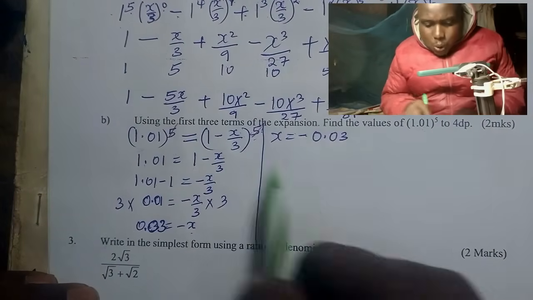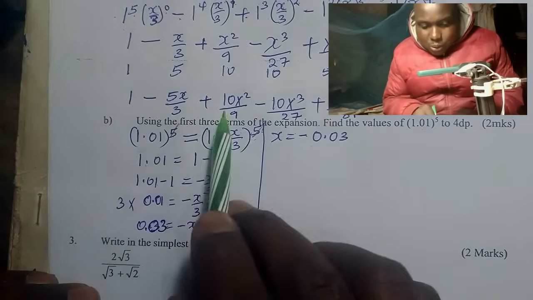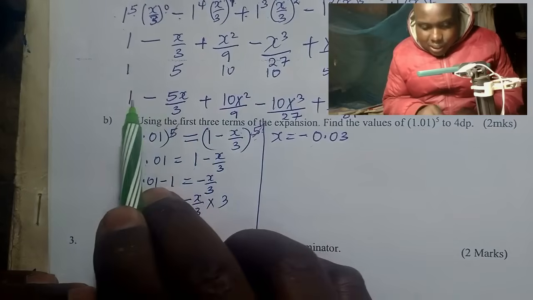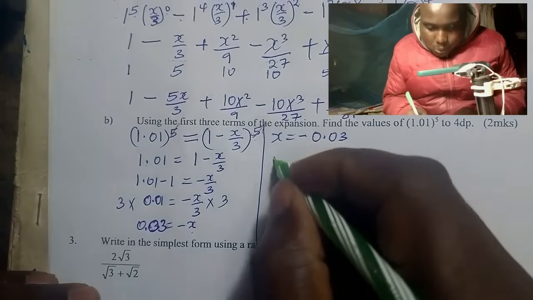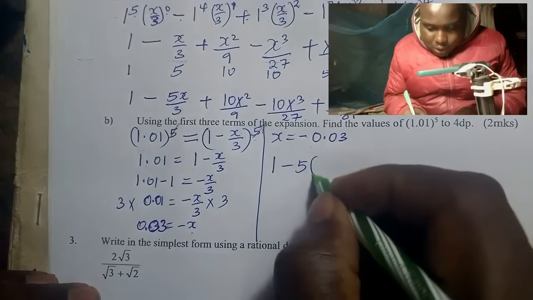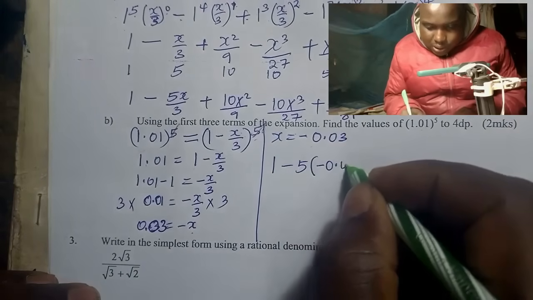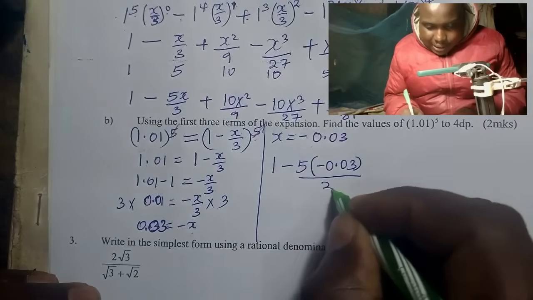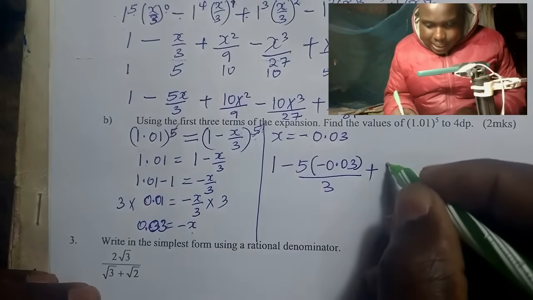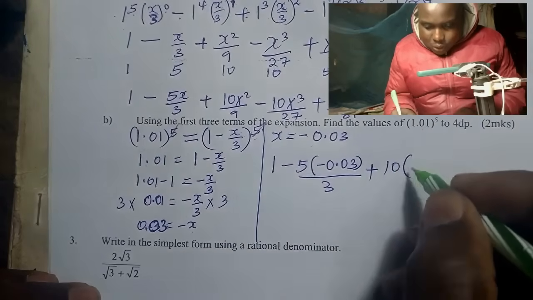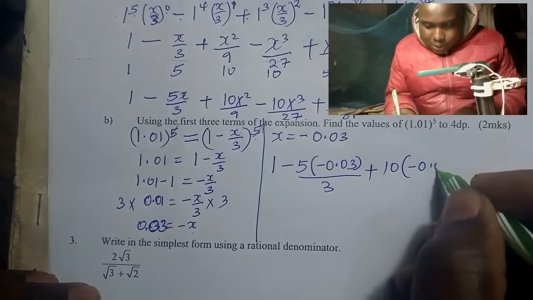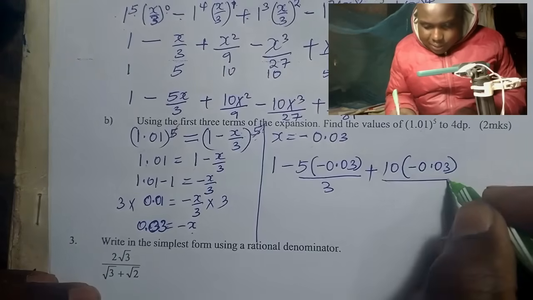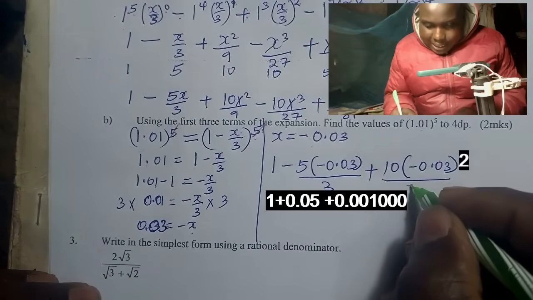Now what we do, we substitute this into the equation for the first 3 terms. So it is 1 minus 5 into negative 0.03, divided by 3, plus 10 into negative 0.03 squared, divided by 9.